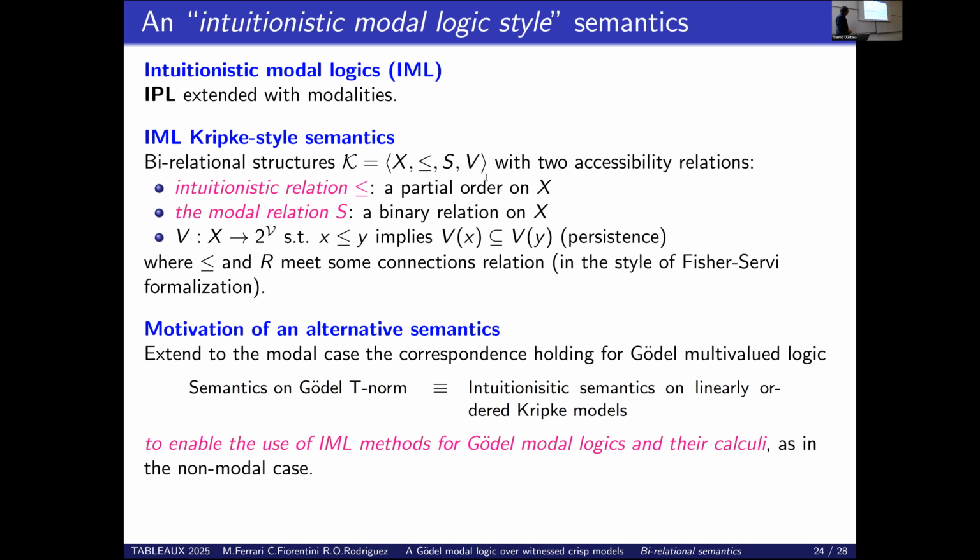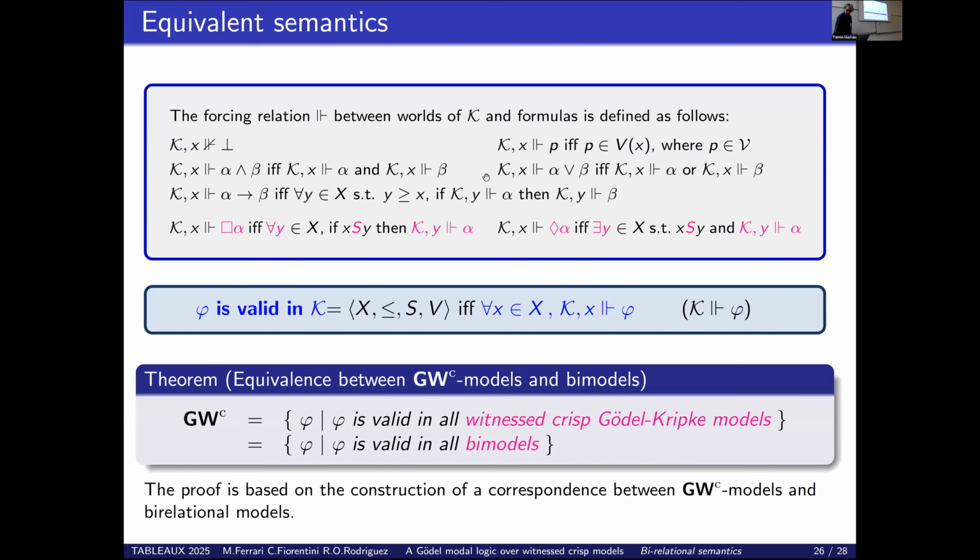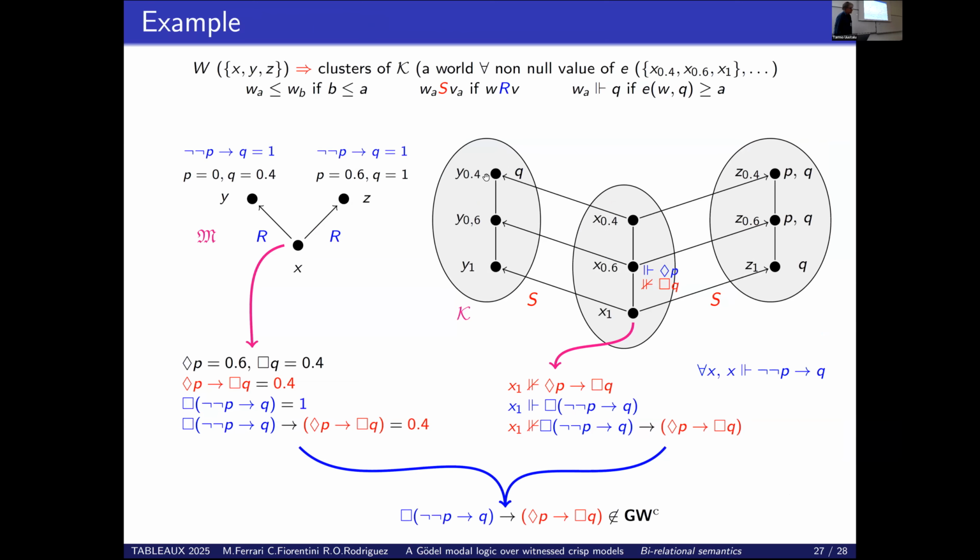The kind of abstraction we use is an extension of the one that was introduced for Gödel logics. Starting from a world, we have a cluster. Inside every cluster, there is a set of worlds which is ordered on the basis of the values that propositional variables can take, over Gödel modal logic.